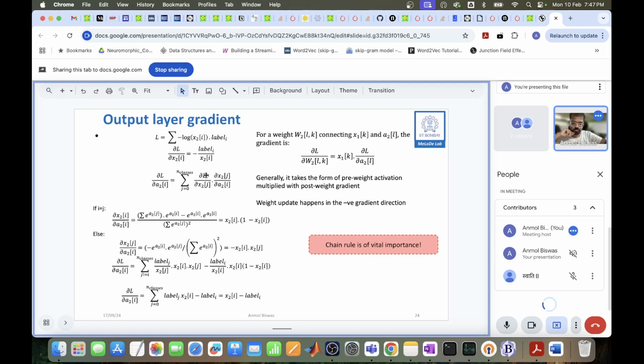So here I have a summation over j equals 0 to n classes, of the gradient of the loss with respect to x2 of j, the jth element of the post-activation, and then the gradient of this post-activation x2 of j with respect to a2 of i. So this is the gradient of the jth element of the post-activation with respect to the ith element of the pre-activation, right?